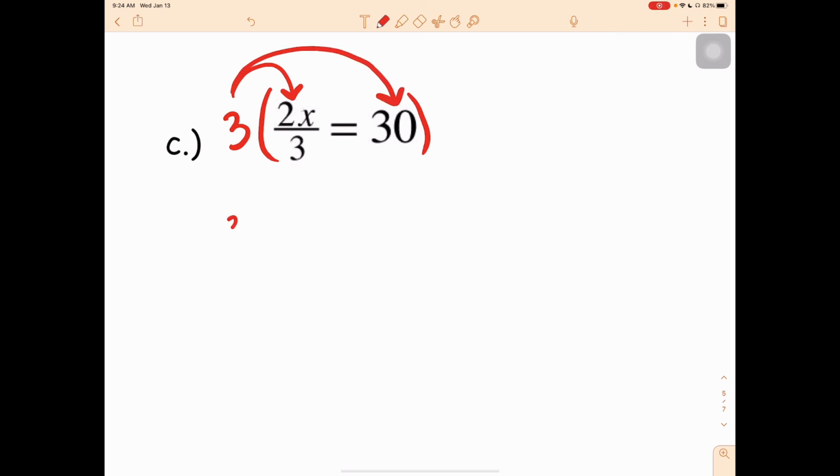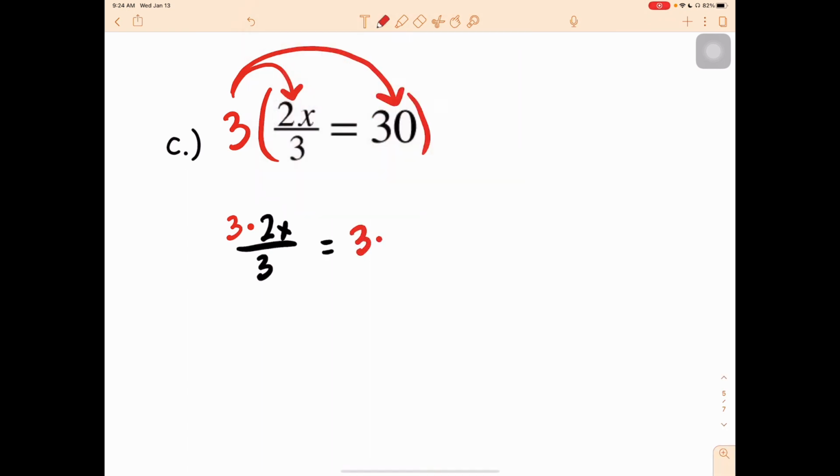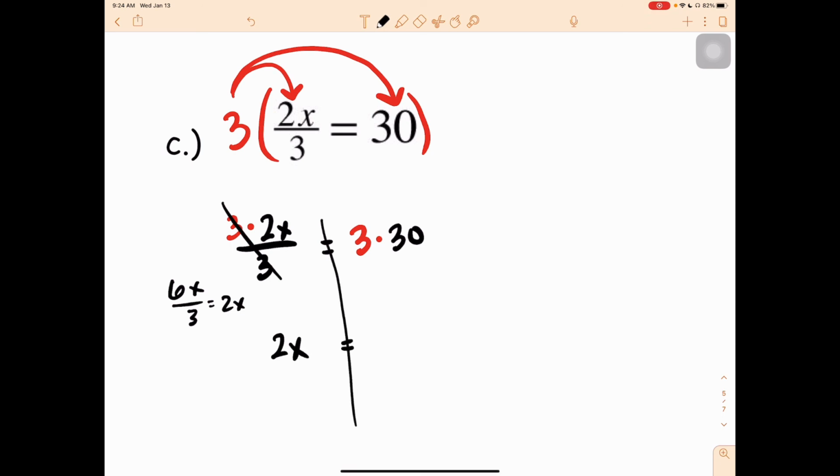So this is going to look like 3 times the 2x over 3 equals 3 times 30. So what happens here is you can either rewrite that as 6x over 3, which is 2x, or you realize 3 divided by 3 is 1, so we're left with 2x. So no matter what, you're left with 2x, okay?